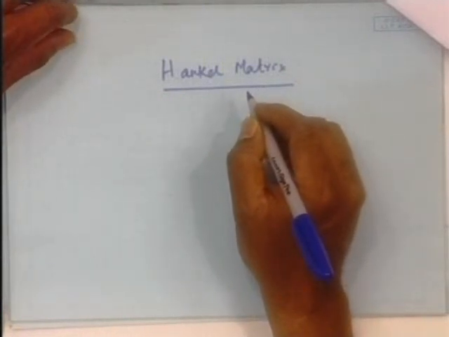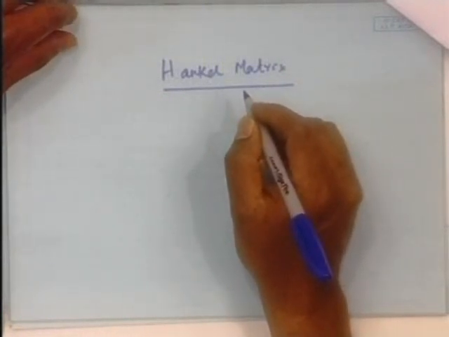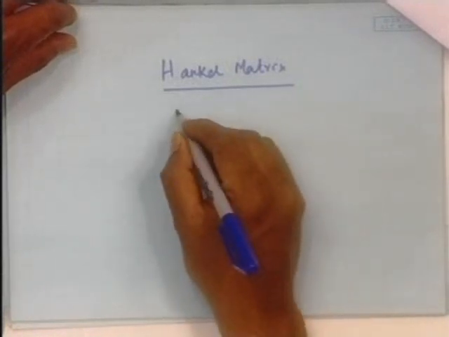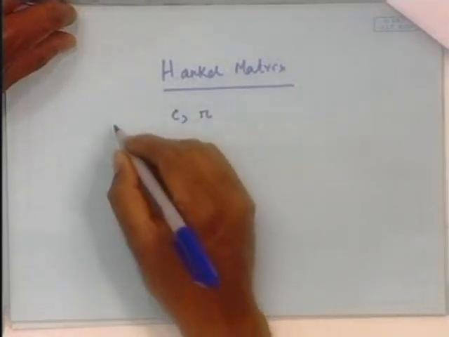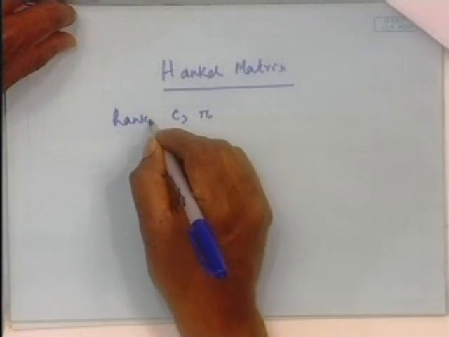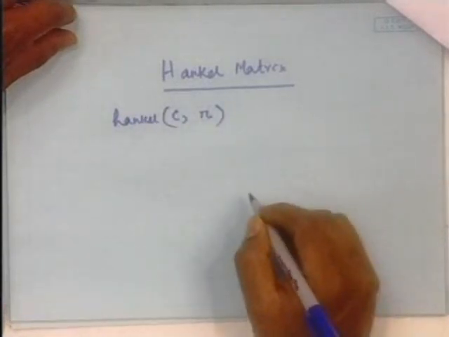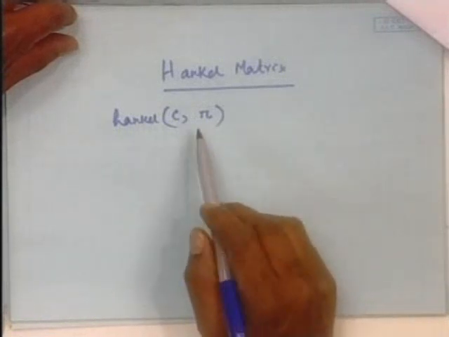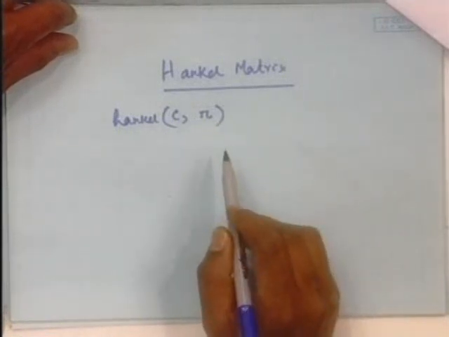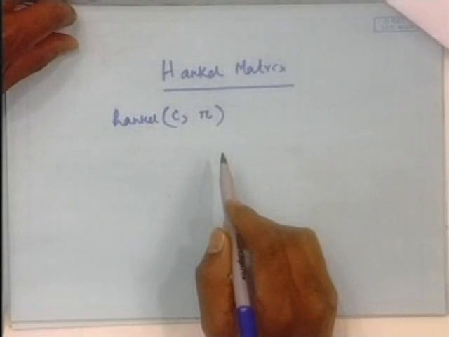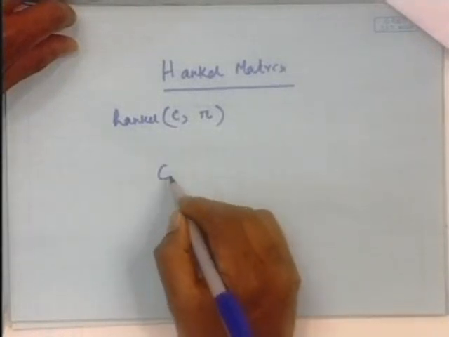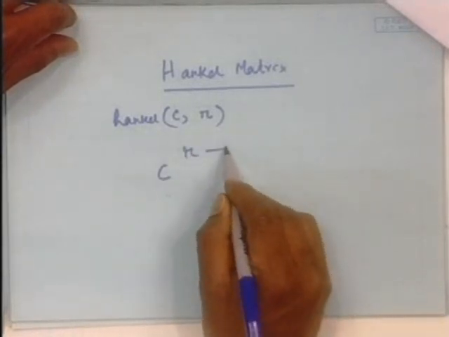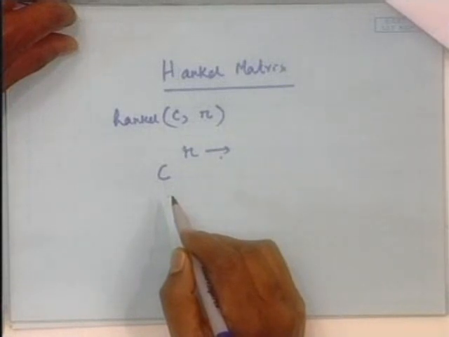Generally, a Hankel matrix is defined by two vectors, vector C and R. So, if you write in MATLAB hankel(C,R), it will return you a matrix, actually not a symmetric matrix, whose first column will be C and first row will be R, right.